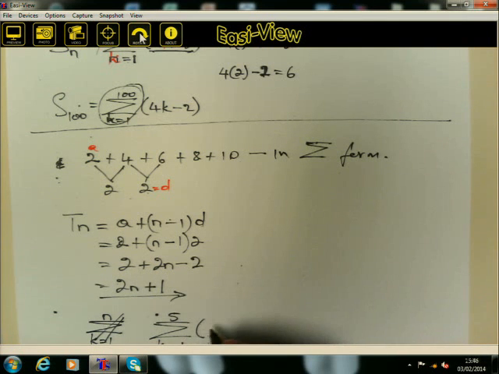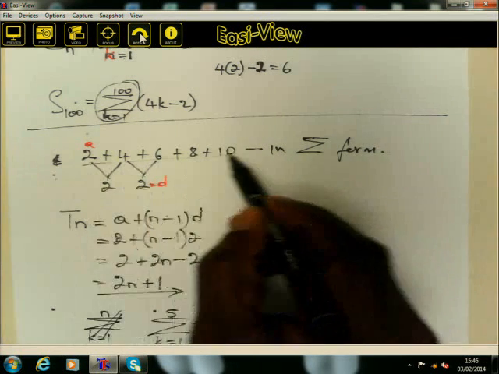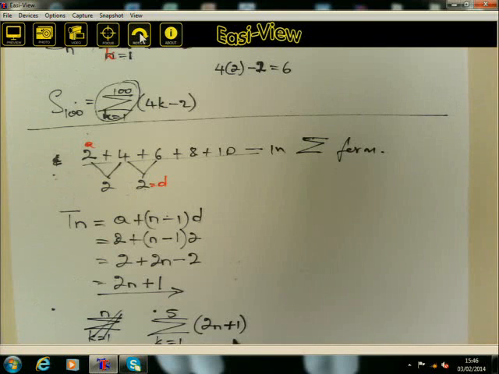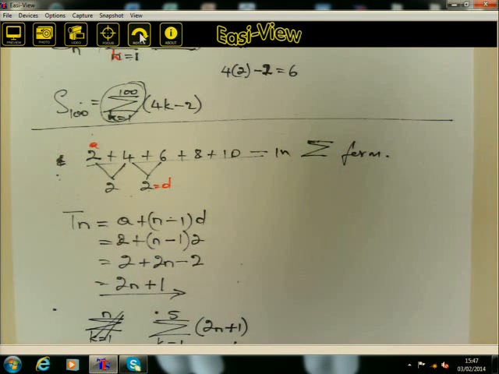And then for the general term, 2n plus 1. So we have written this series in a sigma notation form. In other words, 2 plus 4 plus 6 plus 8 plus 10 will be equal to this sigma where k starts from 1 up to 5 of the general term 2n plus 1.